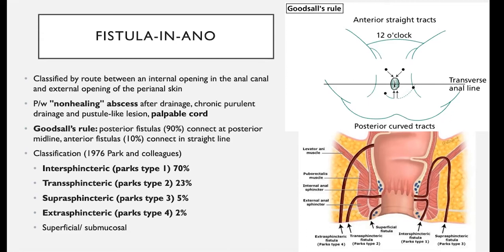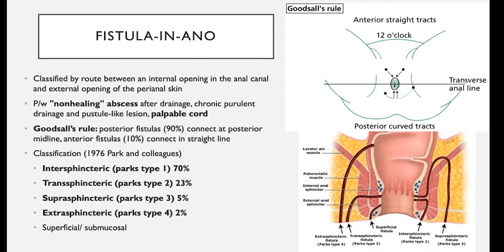Goodsall's rule is the picture in the top right. Goodsall's rule is where you draw a transverse line across the anus, and then looking at them in lithotomy, posterior is below and anterior is above. So posterior at 6 o'clock, anterior at 12.